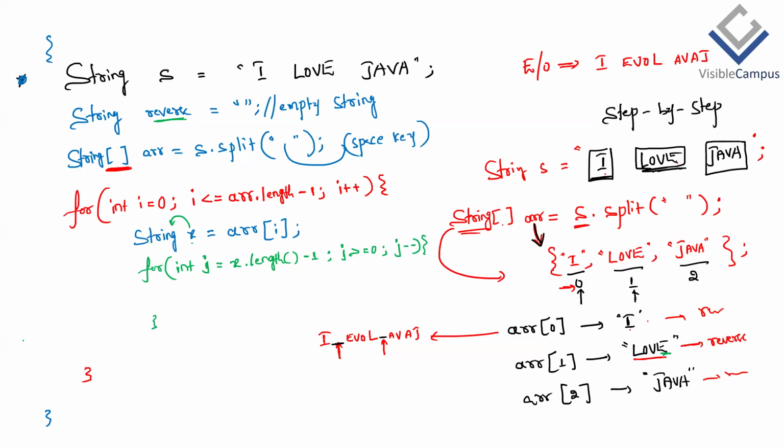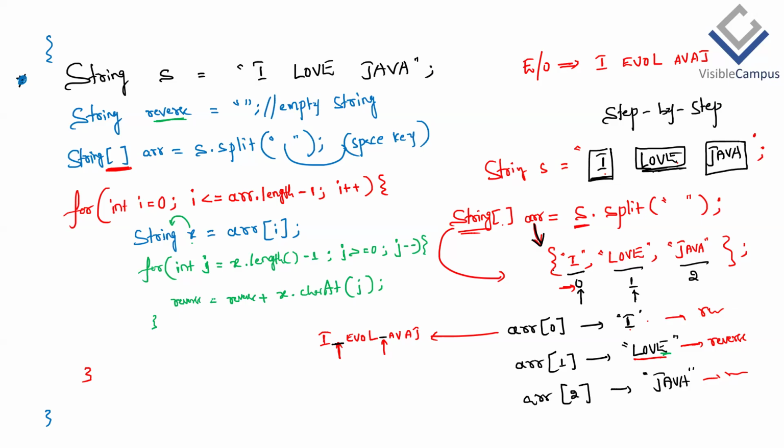Get each and every character and add it to the empty string. Correct or not? So for that, what is the process? X dot charAt is a method, and based on j index, which gets the last character every time, then add this to the empty string called reverse, then add this back to reverse only.